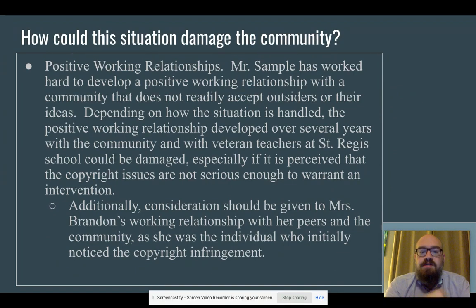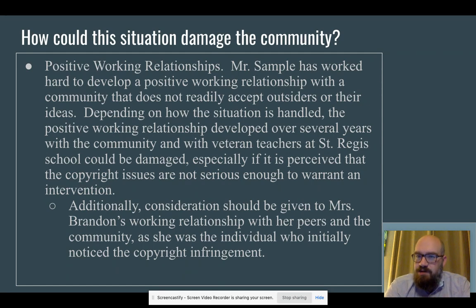This situation also has the potential to damage positive working relationships. The administrator has worked hard to develop those relationships with a community that does not readily accept outsiders.